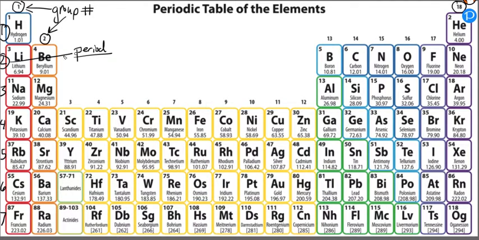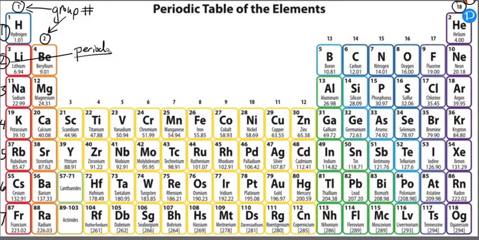So period 2 contains these elements: lithium, beryllium, boron, carbon, nitrogen, oxygen, fluorine, and neon. Period 3 has these 8 elements here, and period 4 would have all of these elements in this row.